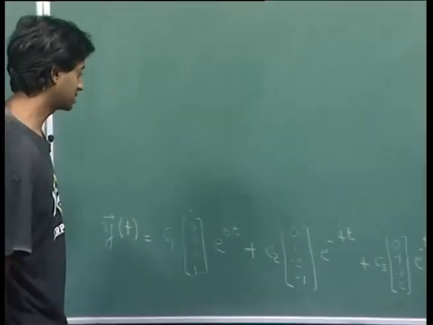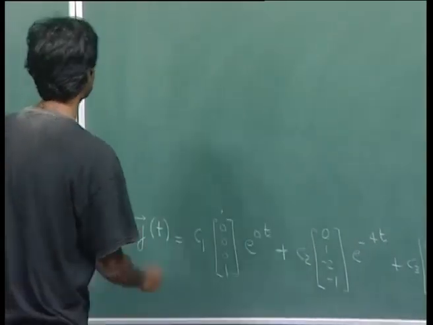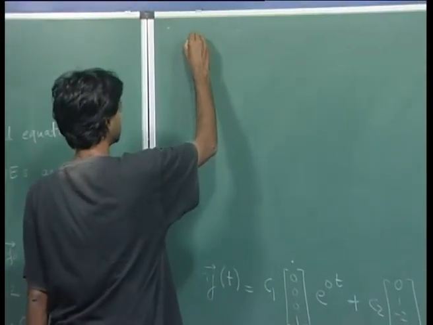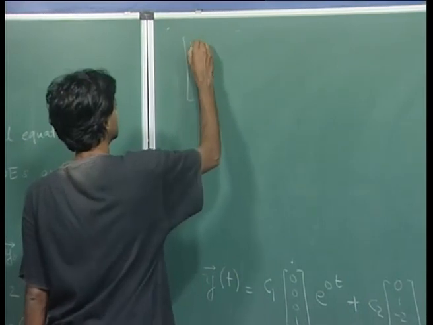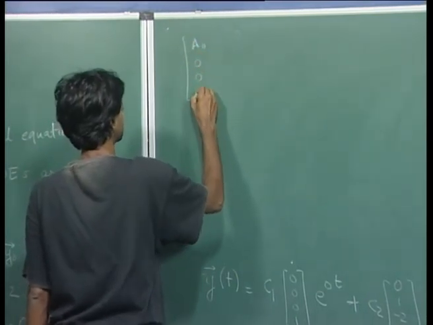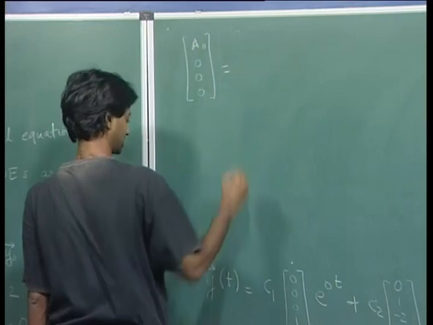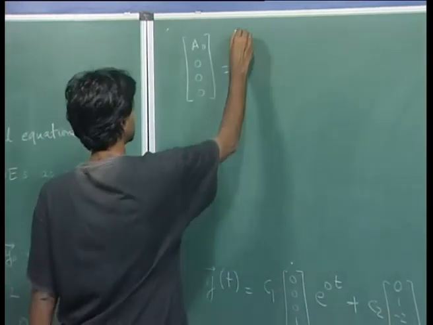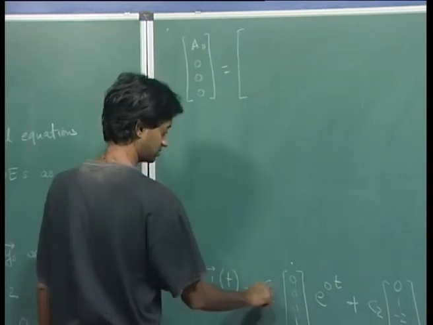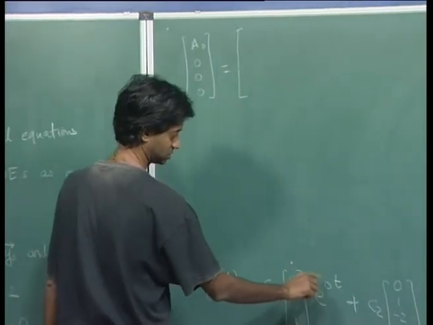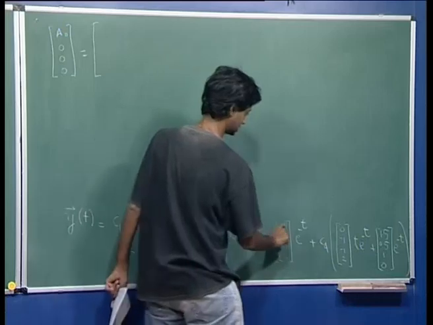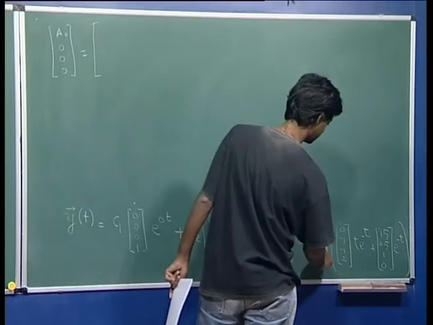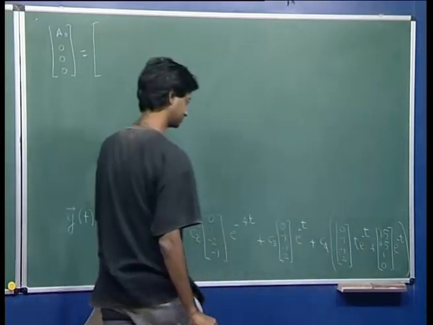So, when I substitute t equal to 0, I will get A0 0 0 0 is equal to, now C1 times 0. So, the first term has C1 times 0, C2 times 0, C3 times 0 and C4 times minus 1.5.